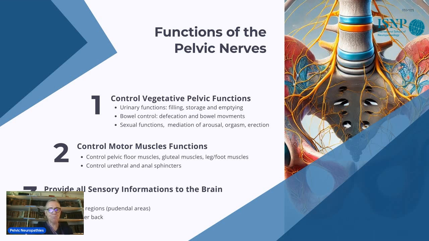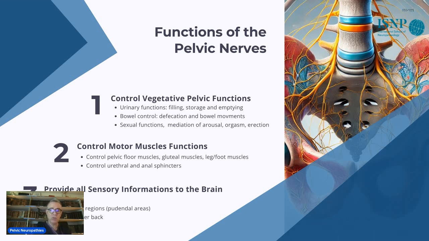The first one: the pelvic nerve controls what we call vegetative or involuntary pelvic function, like urinary function, intestinal function, and sexual function. For the bladder, for example, the vegetative nerve is in charge of bringing the information to the brain when the bladder is full and when you have to go to the toilet to empty your bladder. For the bowel, it's exactly the same.